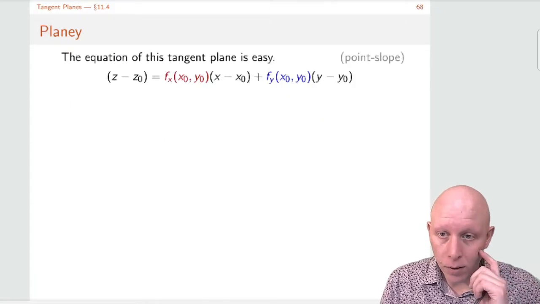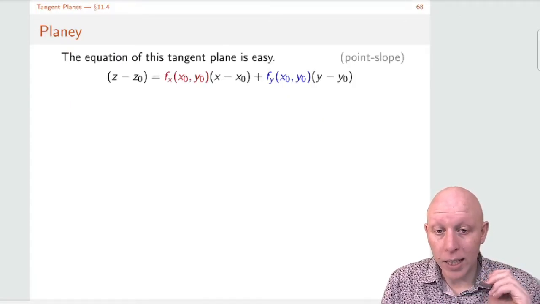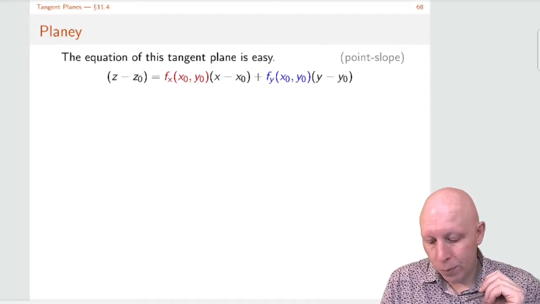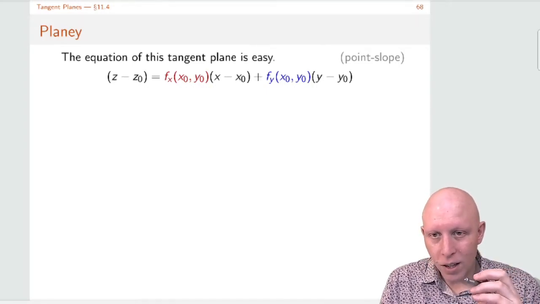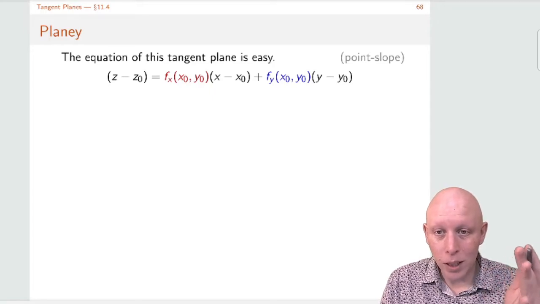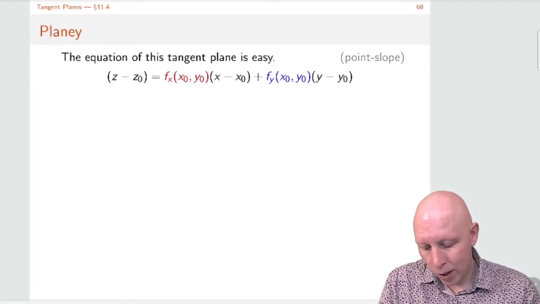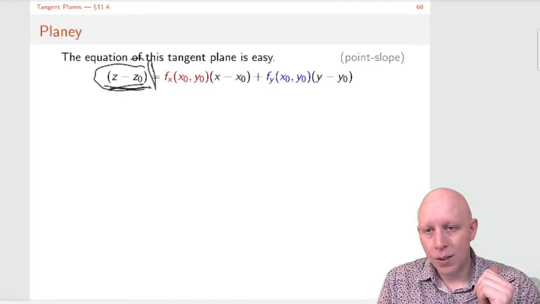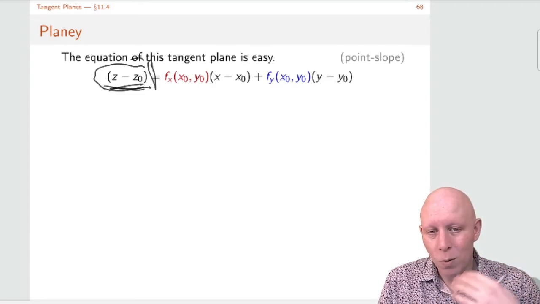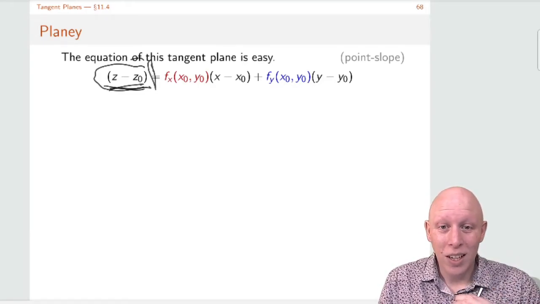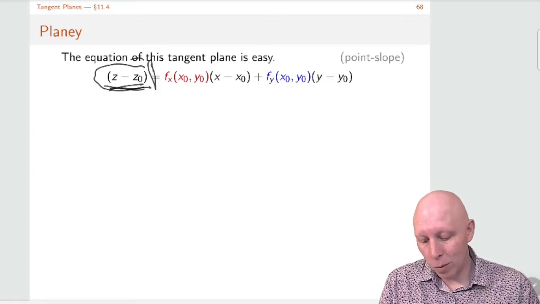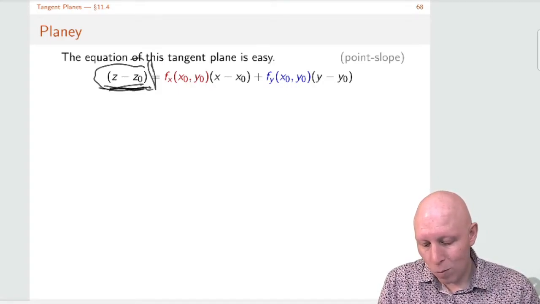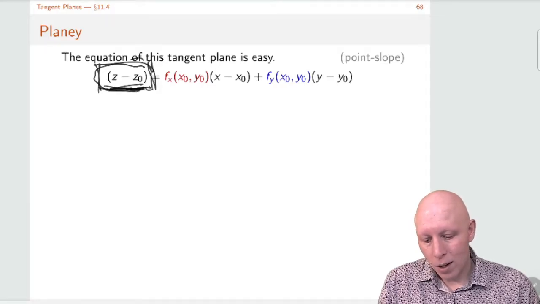so now let's talk about the equation of the tangent plane. It's a rather simple equation, and here's the way I like to think about it. So here is z minus z naught, where we're basically creating the point-slope version of the tangent plane, where we talk about how far away from z we are.